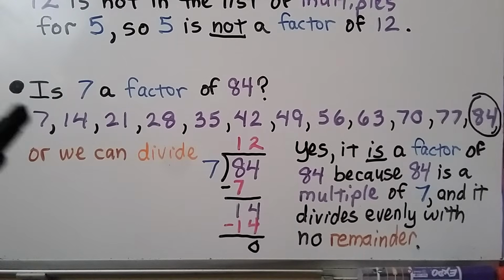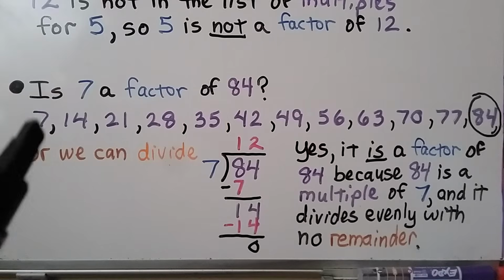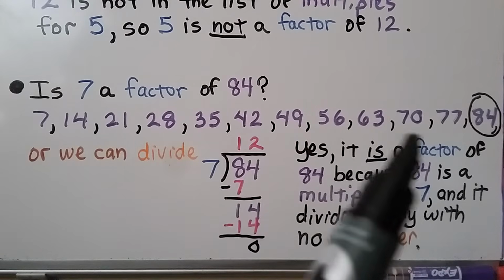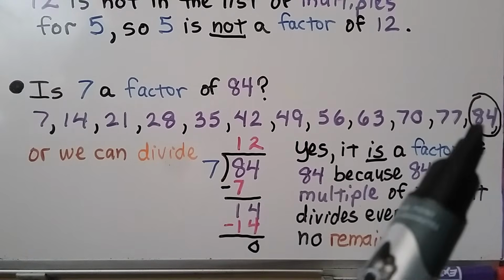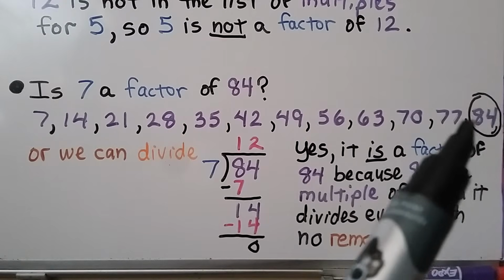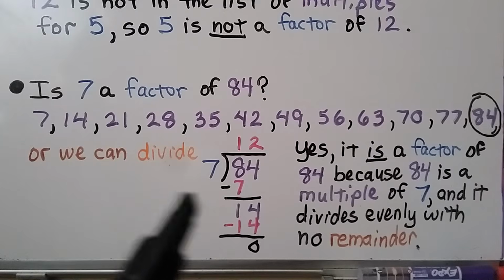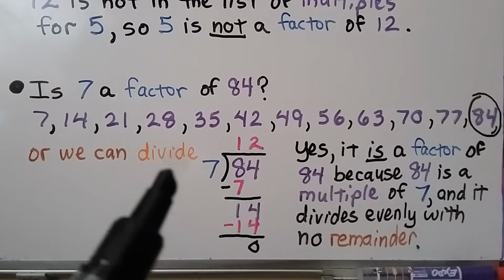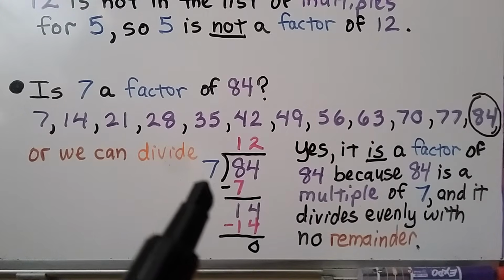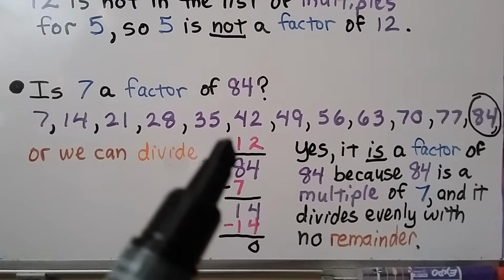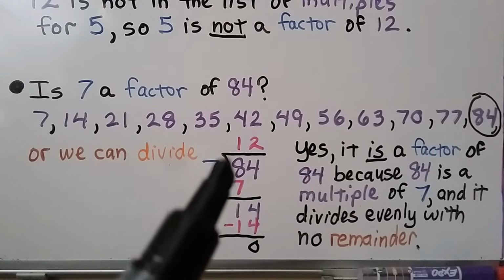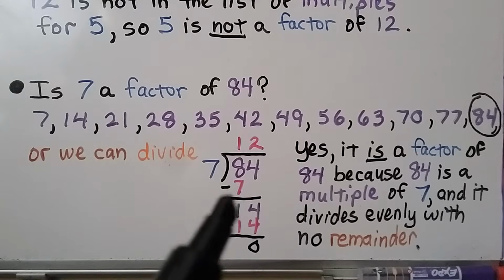Is 7 a factor of 84? We can list the multiples of 7, and we see that it's in the list. So yes, it would be a factor of 84. Or we can divide and use our divisibility rule. We do 84 divided by 7. 7 fits into the 8 one time. We write a 1 above the 8. 7 times 1 is 7, so we subtract that 7, and we get a 1.